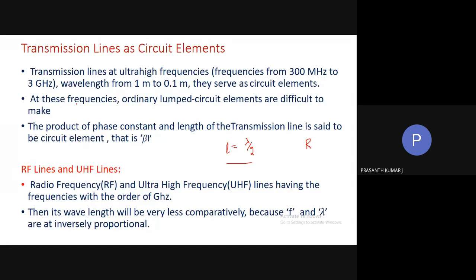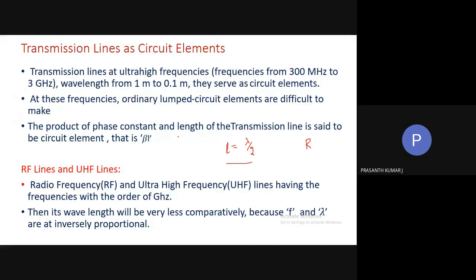One more disadvantage is that at high frequencies, we cannot manufacture ordinary circuit elements. So what we are trying to do is take a transmission line and multiply the phase constant and the length of the transmission line so that a circuit element can be produced.